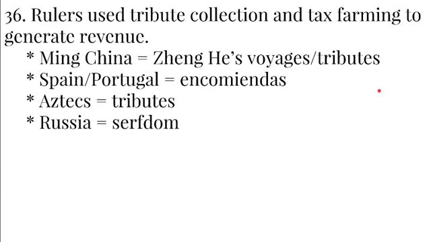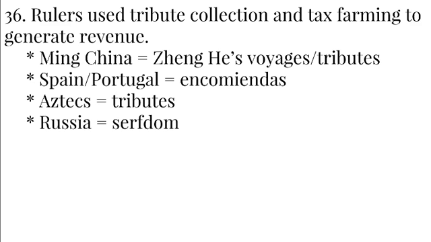Tax collection, tribute collection. That's still going to be a thing. That's a continuity because this is the main way you get money. So, for example, the Ming Chinese are going to get money through tributes paid to Zheng He, the famous Chinese explorer, right?